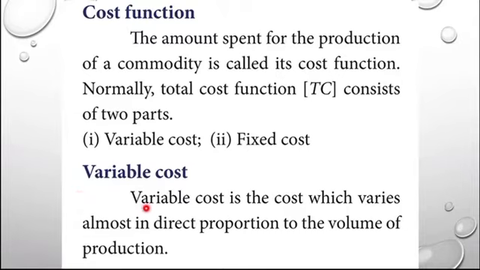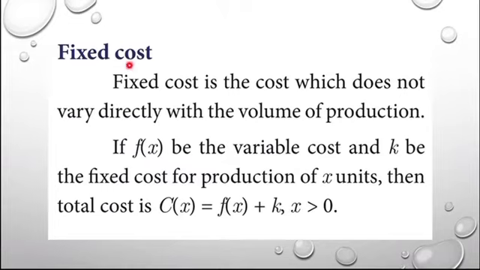What is the variable cost? It varies. Where does it vary? Variable cost is the cost which varies almost in direct proportion to the volume of production. So, the cost varies according to the volume of production, that is known as variable cost. Then what is fixed cost?